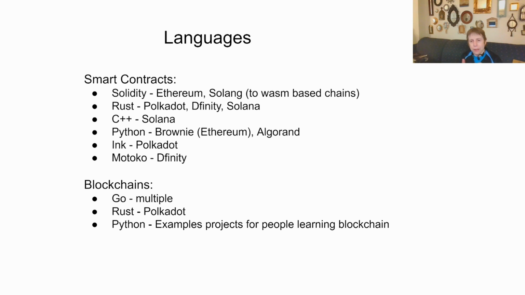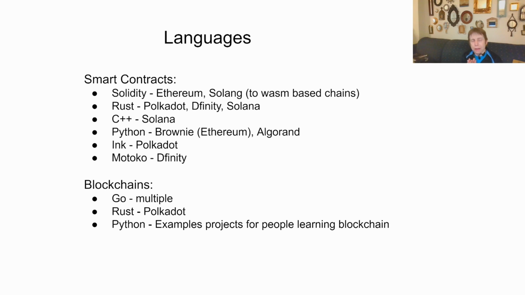Any of the front ends, we've used that. We've done a lot of stuff with Node.js. We've used it all over the place. If you want to focus on smart contracts, I would focus on Solidity and Rust because those are two biggies.